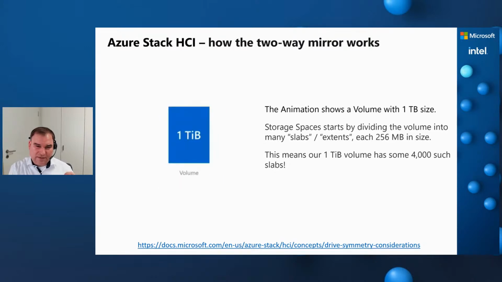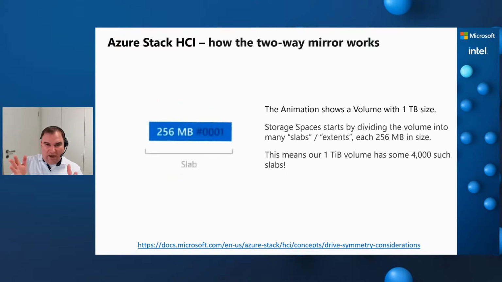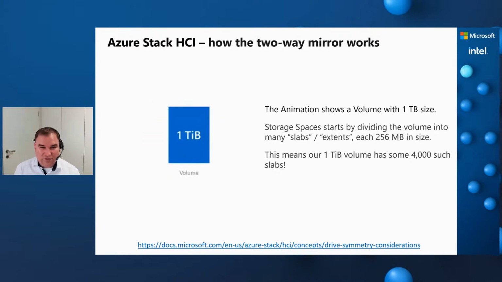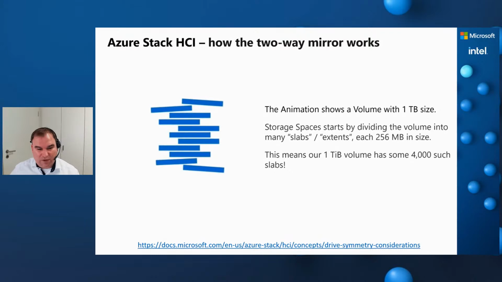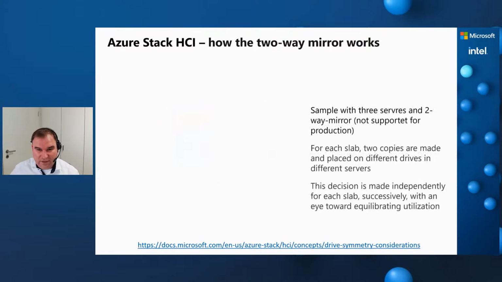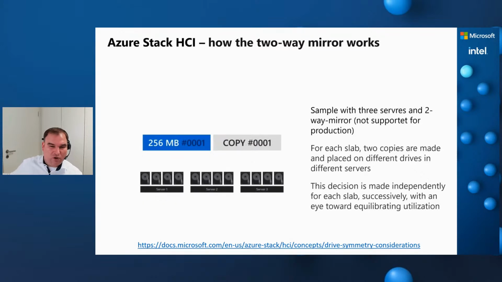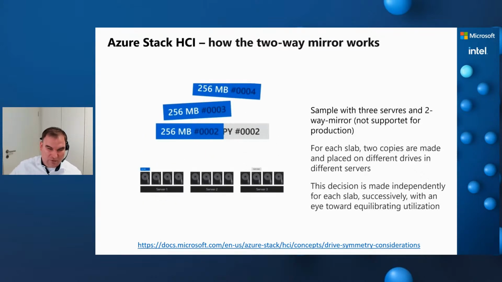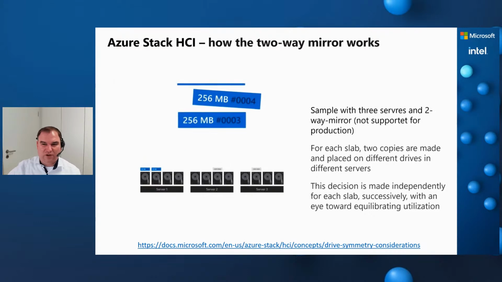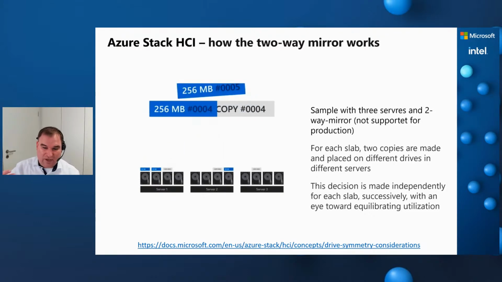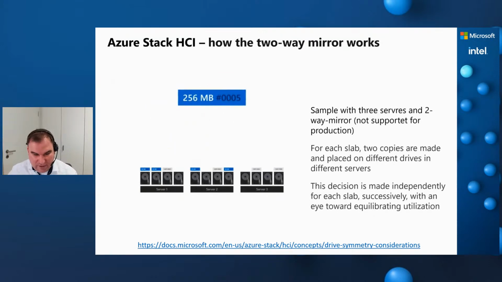These extents are not directly written to the underlying storage, because for each extent, Storage Spaces Direct builds one or more copies. So this depends on your amount of servers, of your amount of drives, and the underlying algorithm.